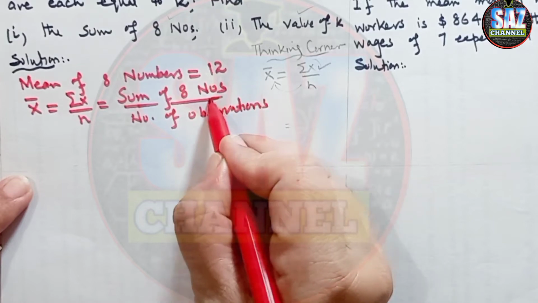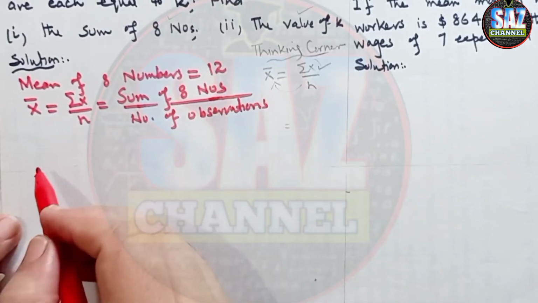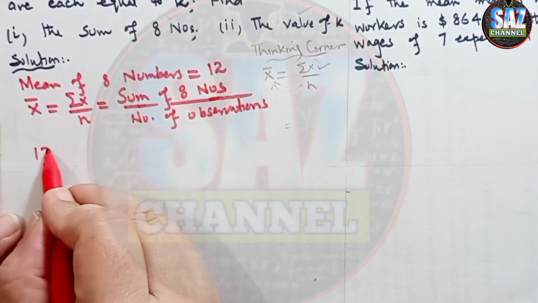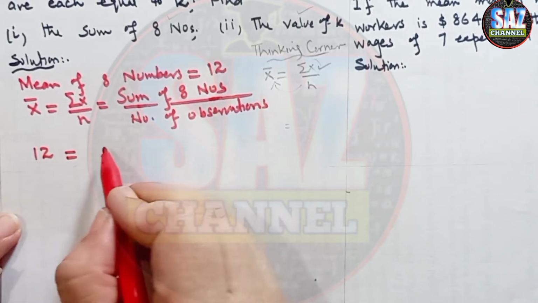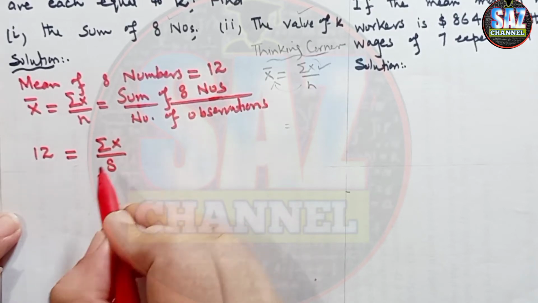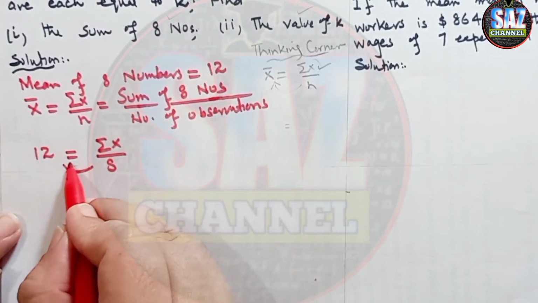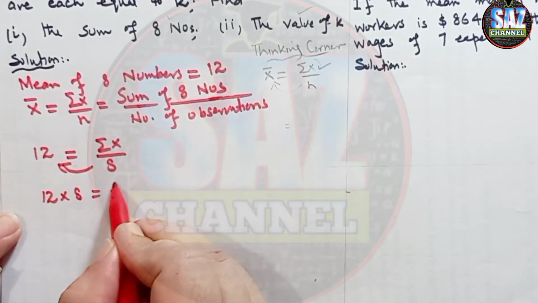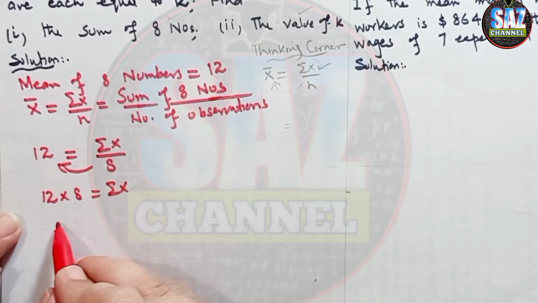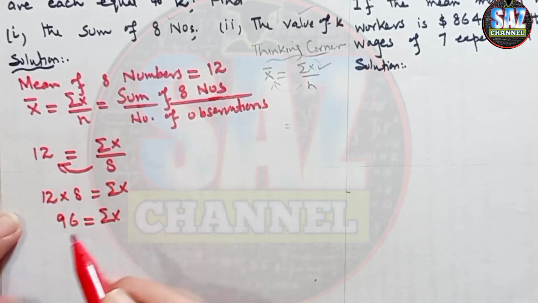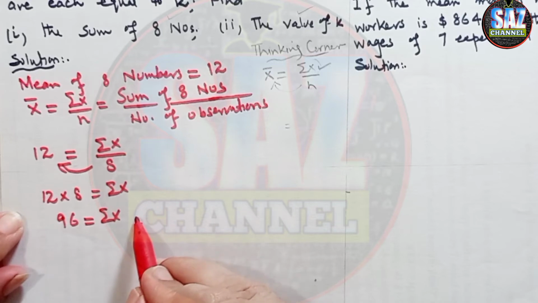Let me extend my fraction line. Now the mean of 8 numbers is 12, so 12 equals summation of x upon 8. 8 times 12, or 12 times 8, equals summation of x. 12 8s are 96 equals summation of x, which is the sum of 8 numbers.